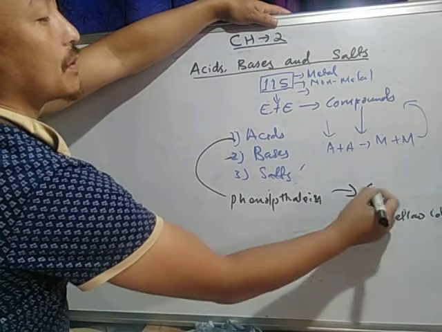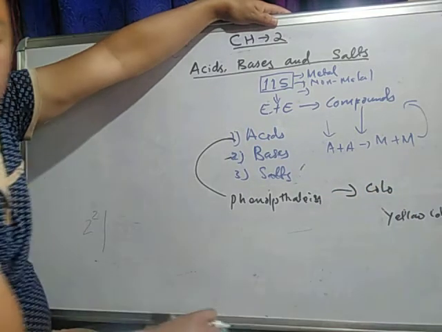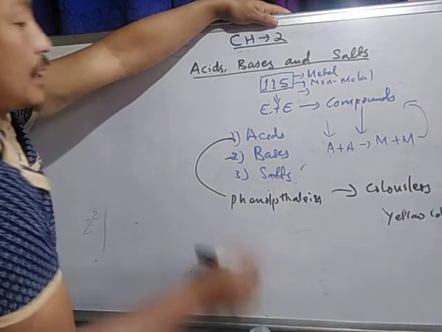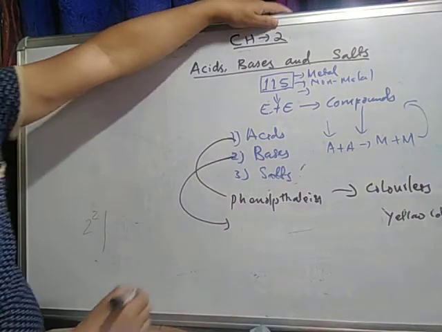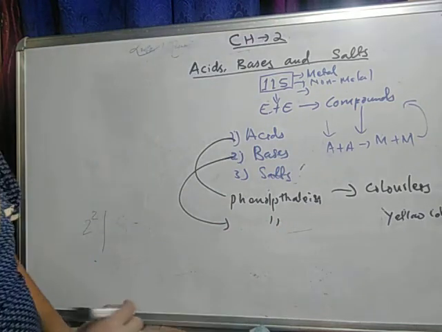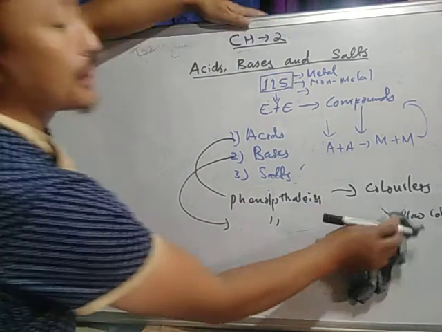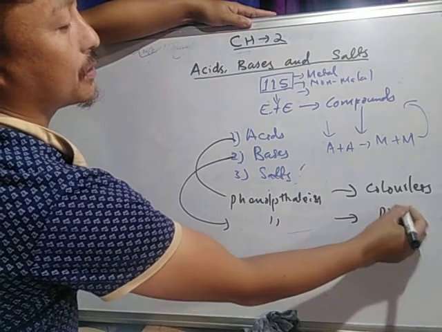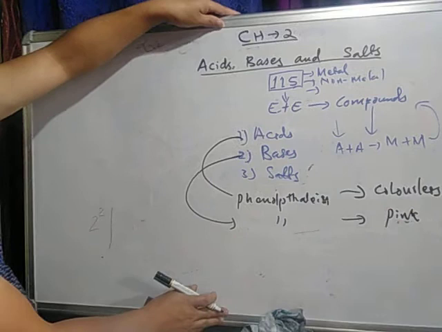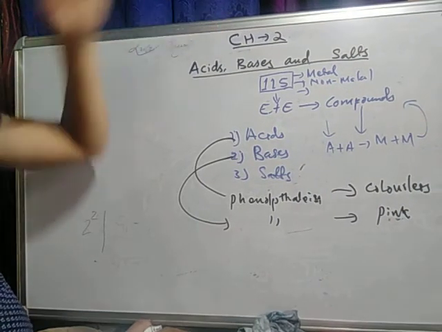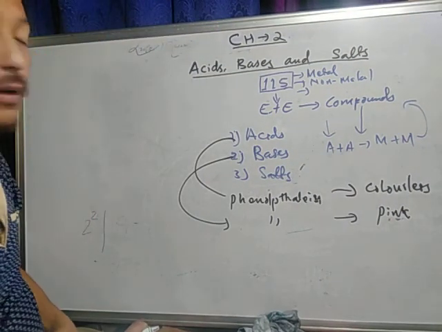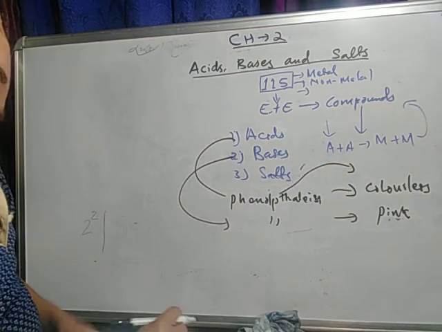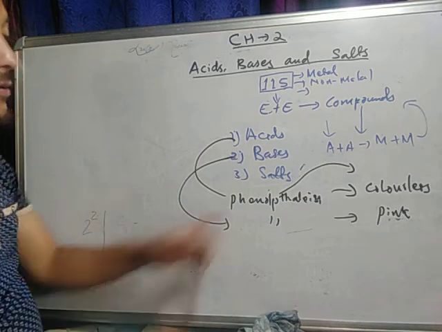It turns into colorless. And whenever you put phenolphthalein into base, you will get pink color. Phenolphthalein is colorless. Hope you remember the color of phenolphthalein.